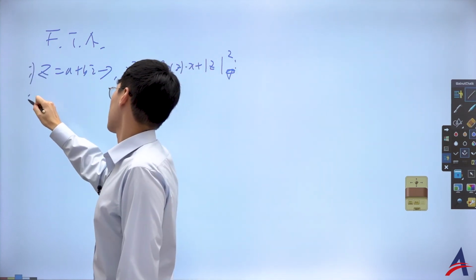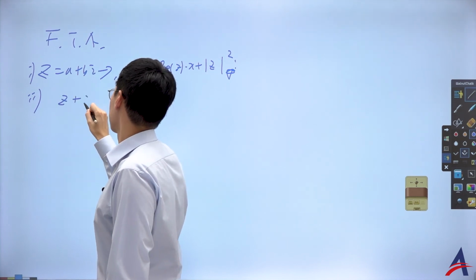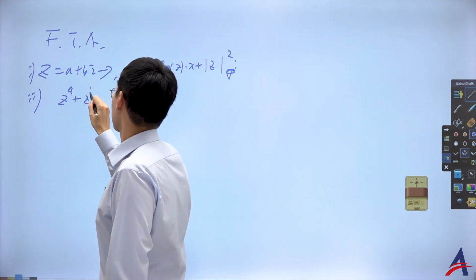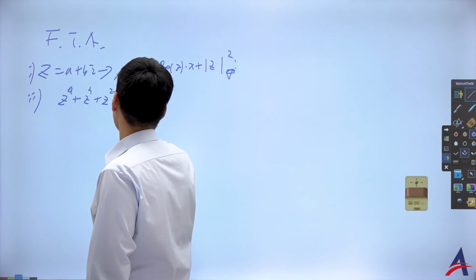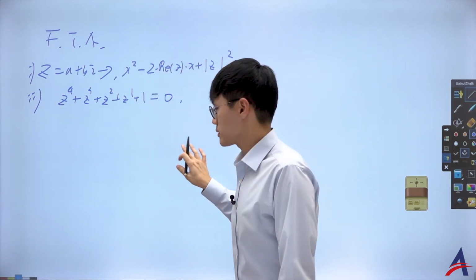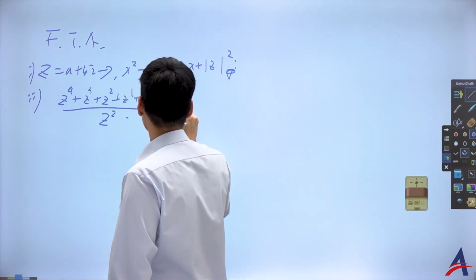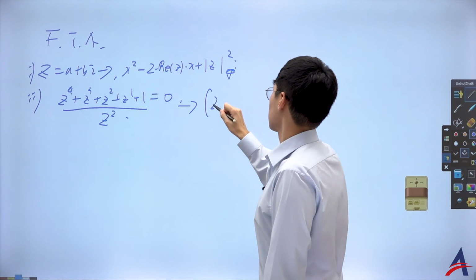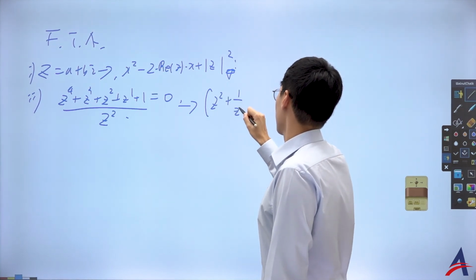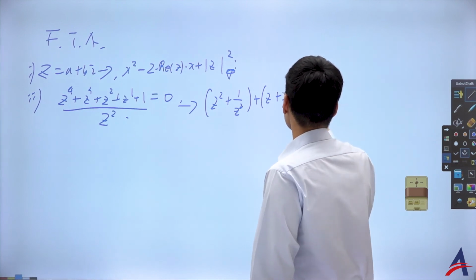Another thing with the complex number is that if you are given things like z to the power of 4, cubic, square, linear, constant equal to 0, with this type of symmetric equation, what do we have to do? You divide this by z squared, don't you? And then you're going to come up with z squared plus 1 over z squared, z plus 1 over z, plus 1 equal to 0.